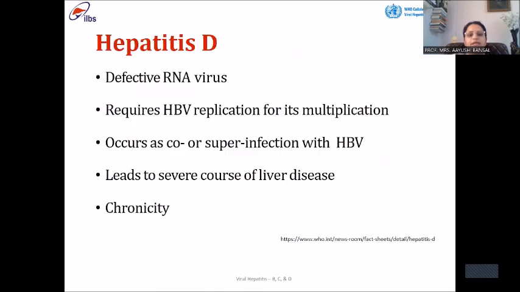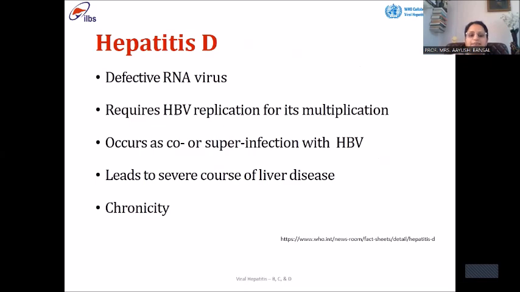So the next we will be discussing is hepatitis D. Hepatitis D is called a defective RNA virus, because hepatitis D virus cannot survive in the absence of hepatitis B virus.